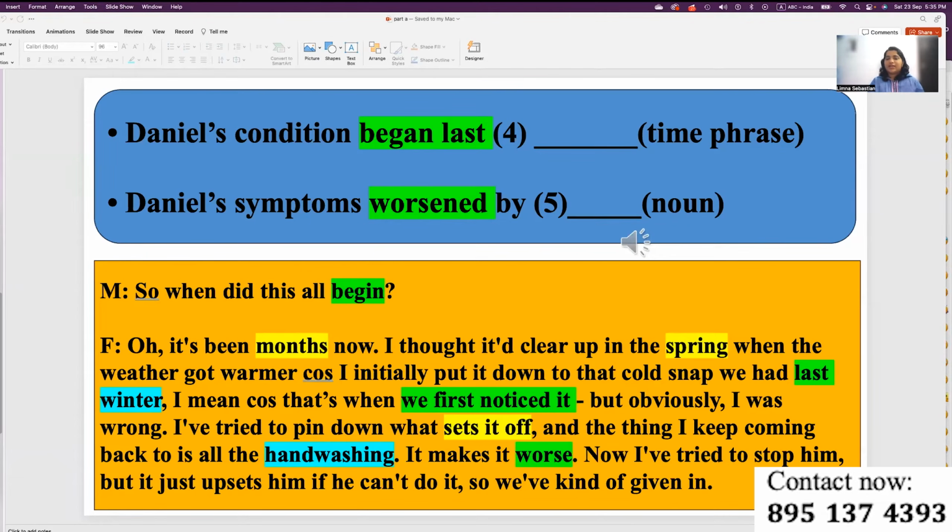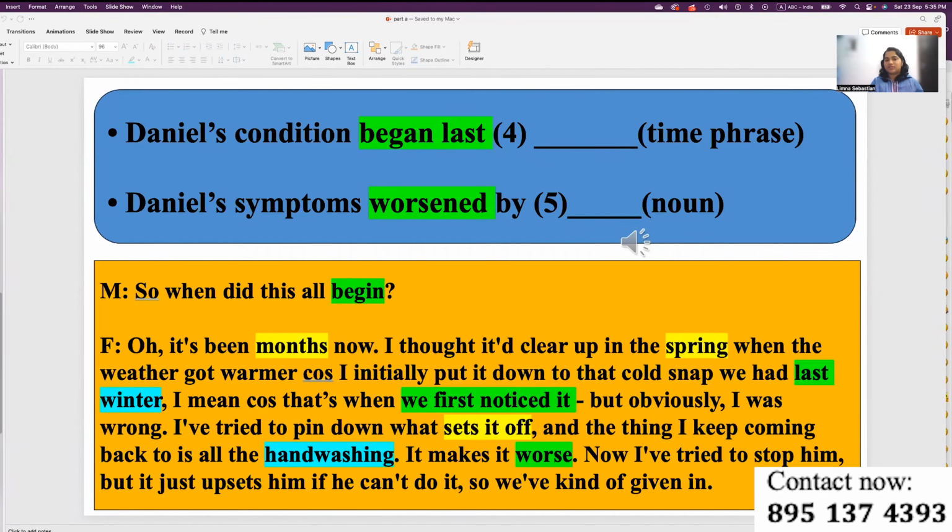I thought it would clear up in the spring. So again, one time phrase here, spring. But that one also is not our answer, because the mother thought it would clear up in the spring, but it didn't. Okay, when the weather got warmer, because I initially put it down to that cold snap we had last winter.